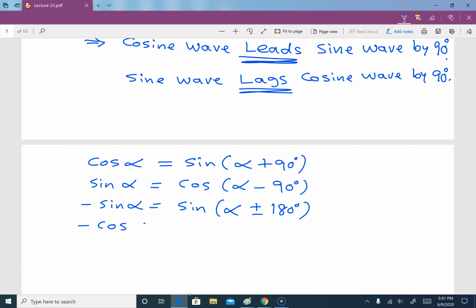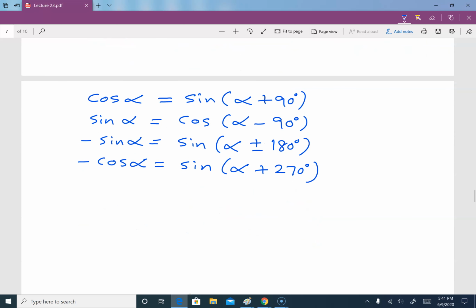And minus cosine alpha is sine alpha plus 270 degrees. So this is how we can convert from cosine to sine or sine to cosine. So when we have v of t is equal to negative Vm sine omega t, this is the same as saying Vm negative sine omega t.